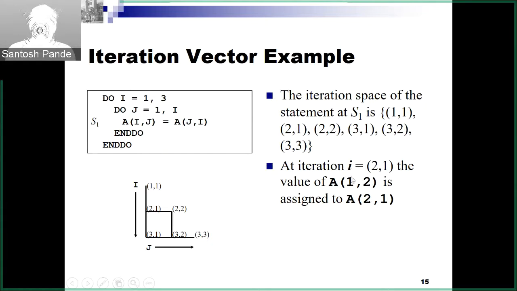So this particular R value is first traversed, and then it is assigned to the L value at (2, 1). So in short, the iteration space is traversed in a particular order. At each iteration space point or vector, we traverse the underlying data space from R value to the L value and generate these references. And then these references, in terms of read-writes, decide the read-write order of the loop's image on the data space.